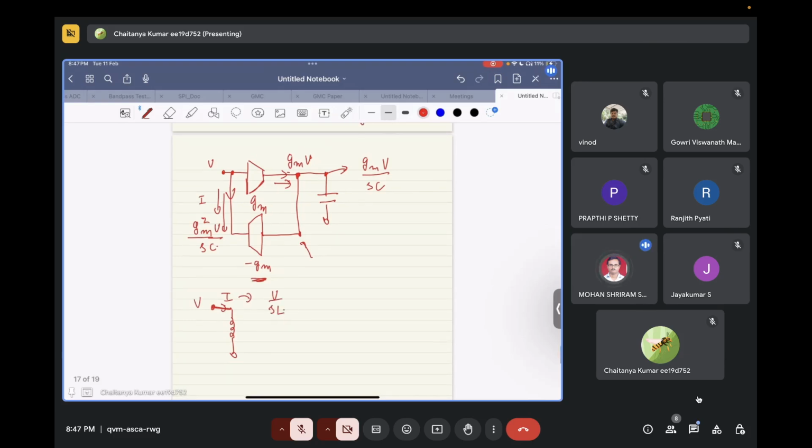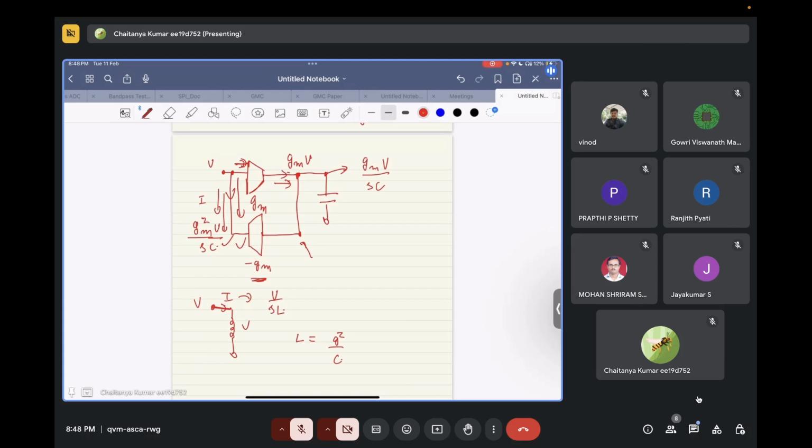No current can flow in this direction because the transconductor is a voltage controlled current source, and if you are measuring the voltage, your impedance will be infinite, right? So no current will flow in this direction. All the current of Gm square V by SC will flow in this direction. So if we compare this circuit and this circuit, what you get is L is equal to Gm square by C.